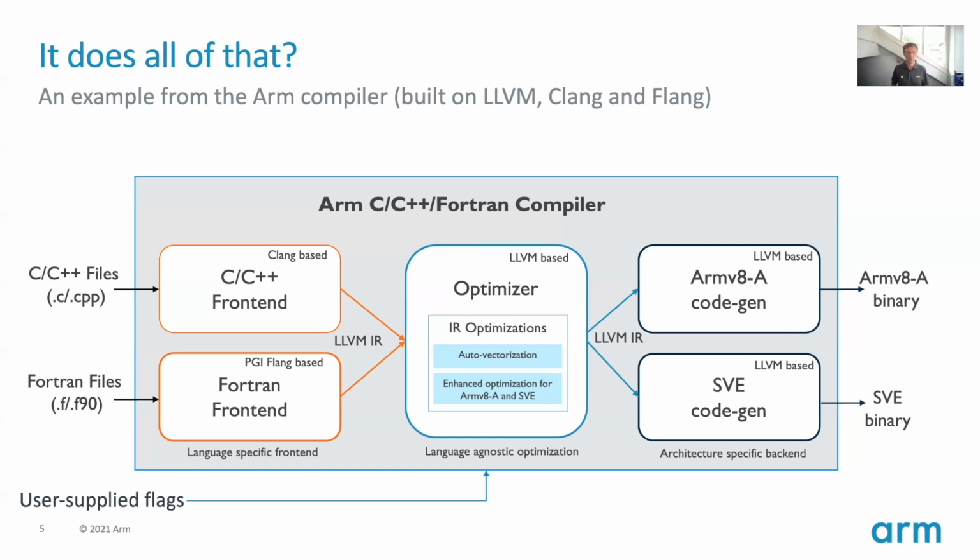So that's part one. Part two is something called analysis. So these are phases of the compile where you don't change the IR, but you learn something new about it. So maybe a good example is it's important to understand the relationship that pointers have to each other and the memory that those pointers access.